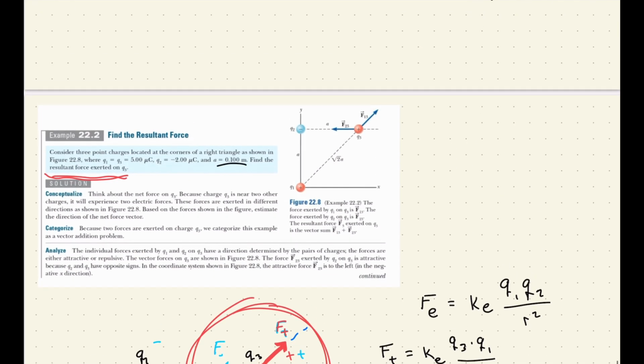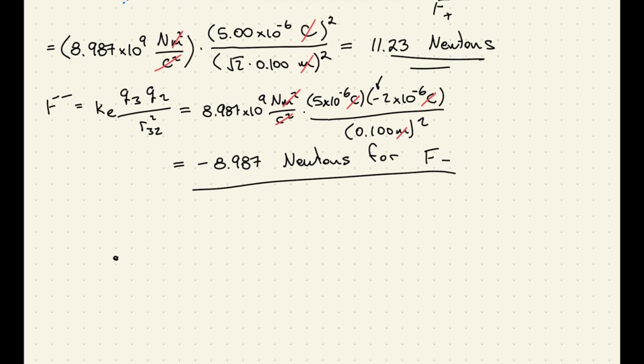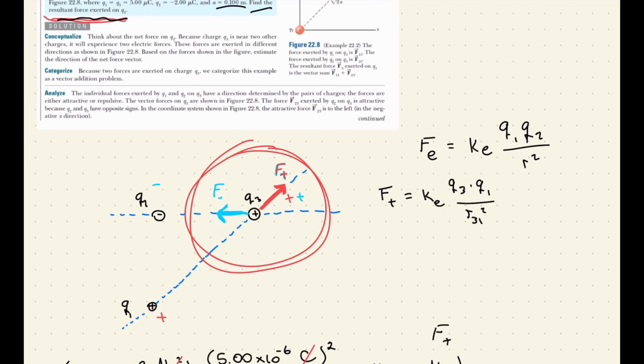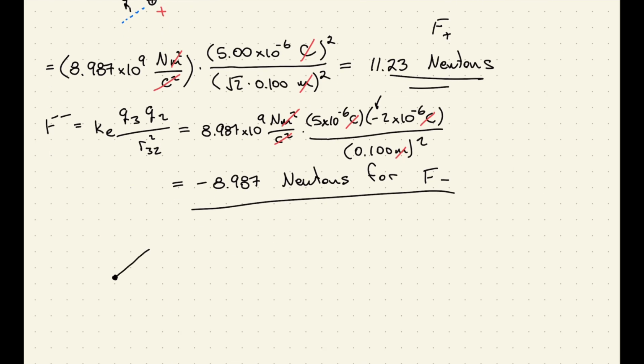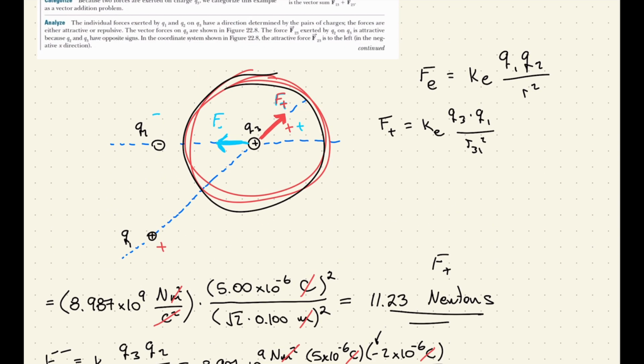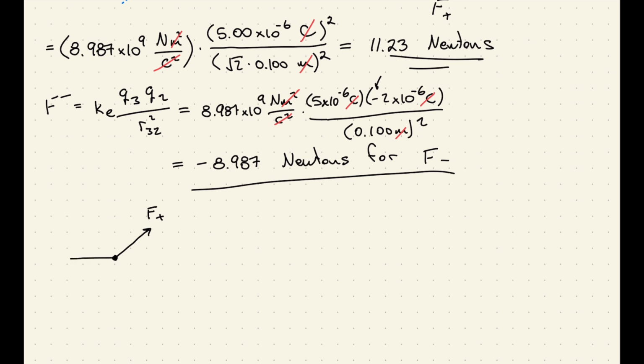Now, are we done the problem? No, we're not. It says find the resultant force on Q3. At this stage, what we have is a free body diagram. We have these forces acting on Q3. One force is going this way. This is the repulsive positive force, positive meaning between positive charges. We have another force which is here horizontal, which is the attractive negative force.